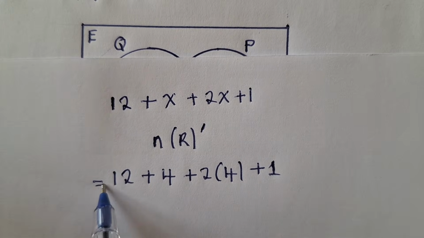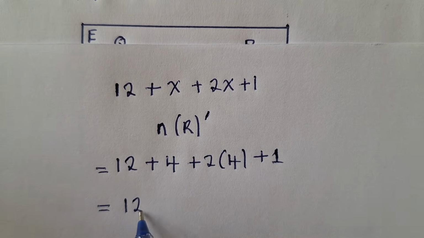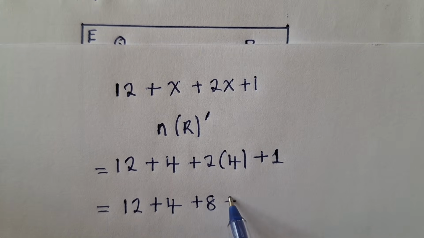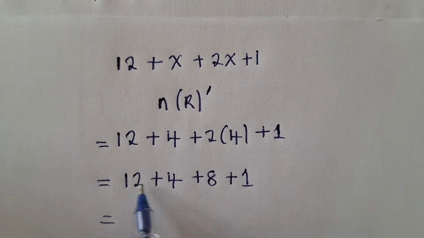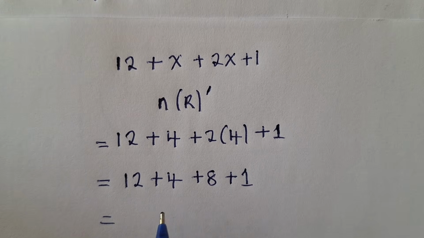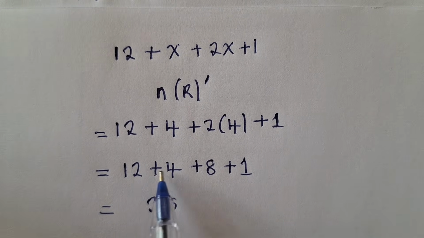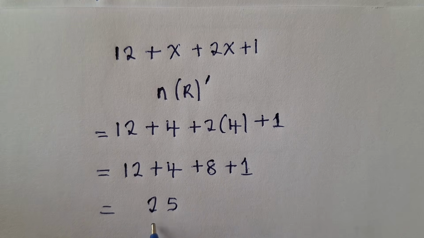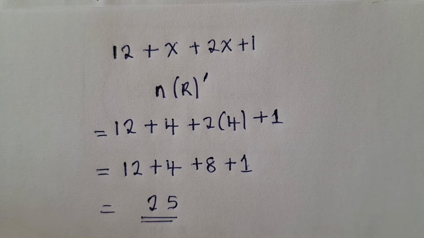When we work out this, we are simply getting 12 plus 4 plus 8 plus 1. And adding all these, we're simply getting 25, because this is giving us 16 plus 8, it's 24 plus 1, it's 25. So this is our answer for question 2.